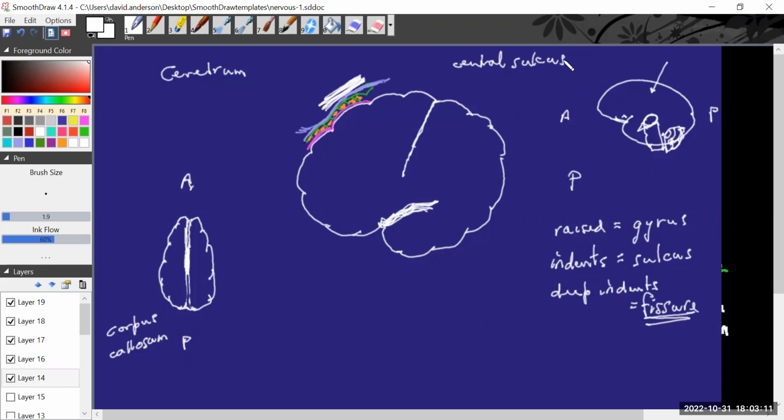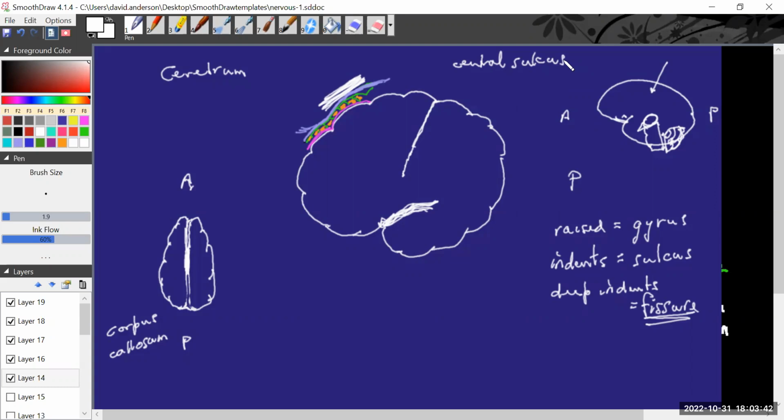And we can generally, not perfectly, indicate that behind this central sulcus, we're going to see a lot of nuclei that are associated with sensory function. And in front of the central sulcus, we're going to see a lot of nuclei that have motor responsibilities. So even in the cerebral cortex, we've got sensory and motor responsibilities.